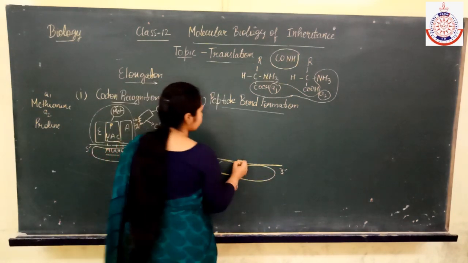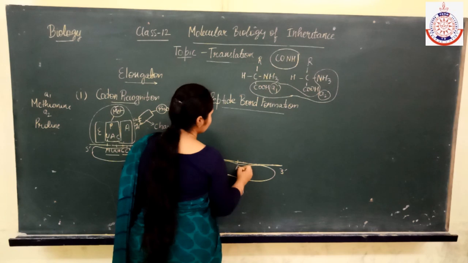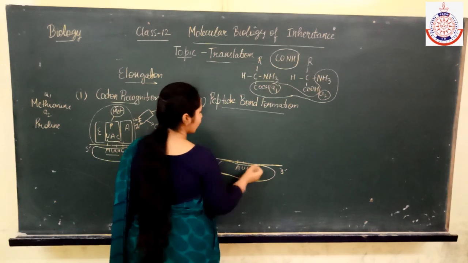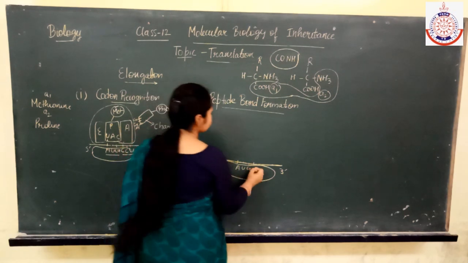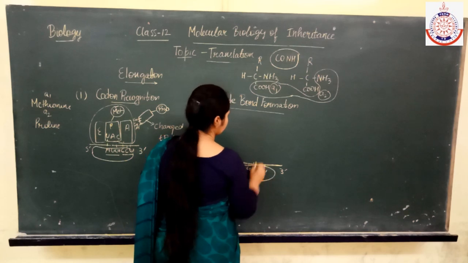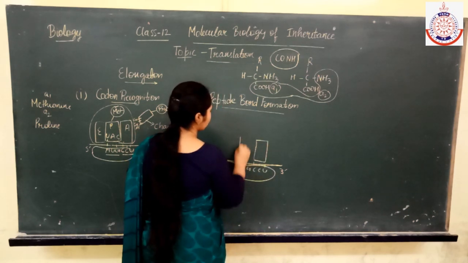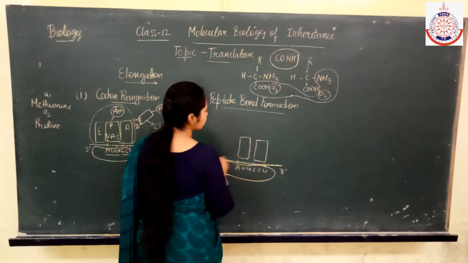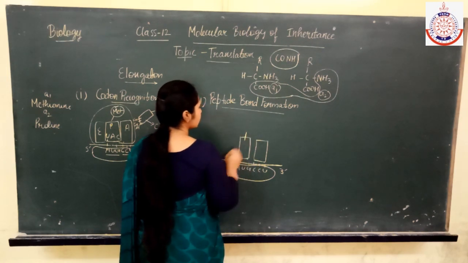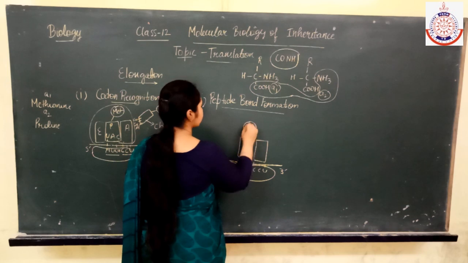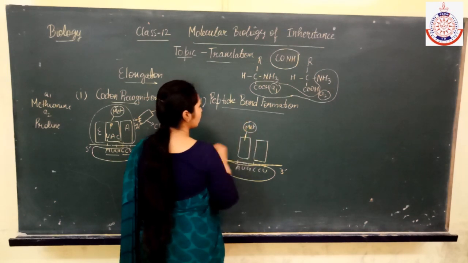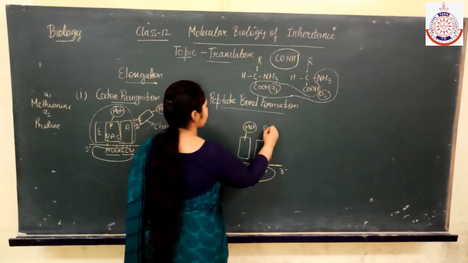Next, here is the AUG codon, and the second is CCU. Here is the charged tRNA, and here also one charged tRNA is present. This charged tRNA is bound with methionine and this one with proline.